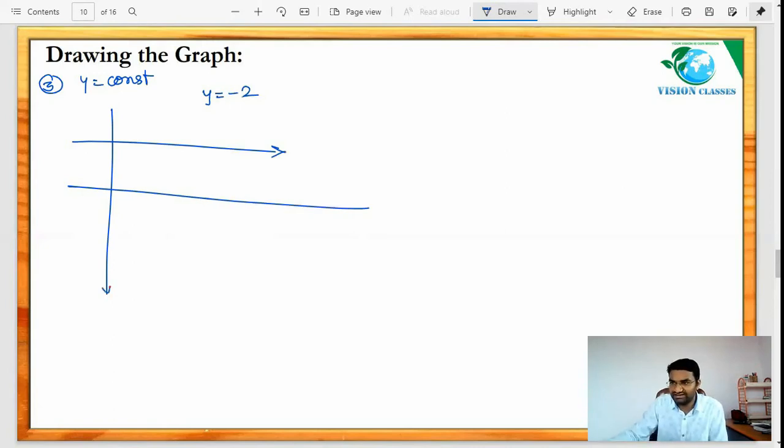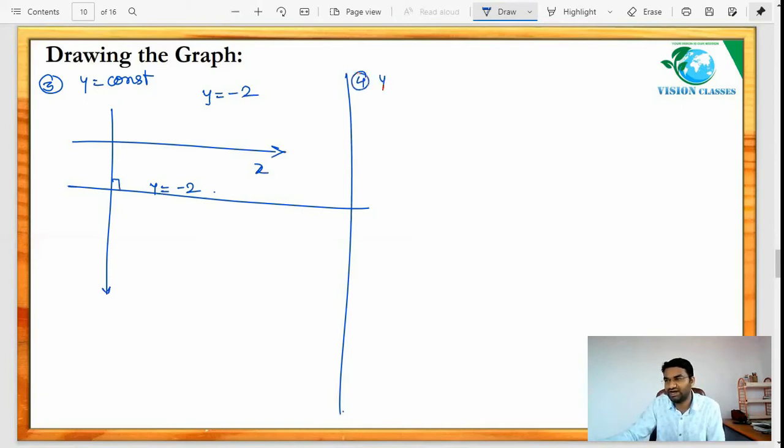It means that y is equal to negative 2 is parallel to the x axis, and perpendicular to the y axis. Okay, fine.